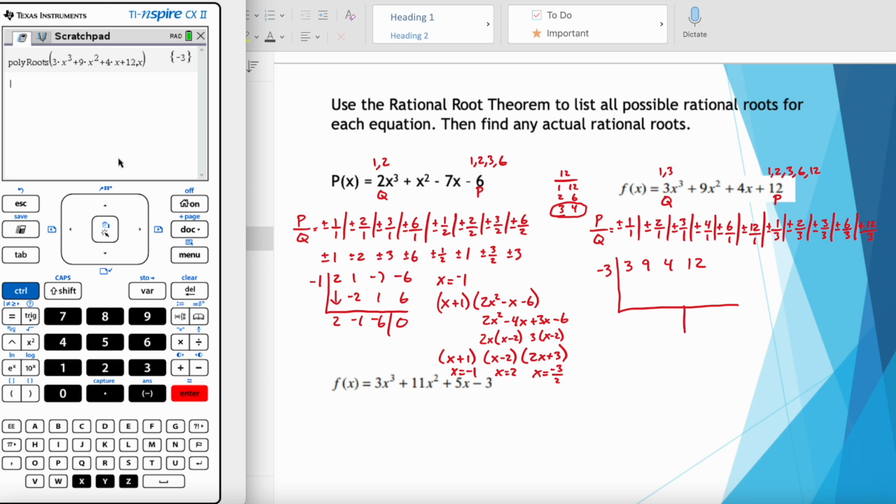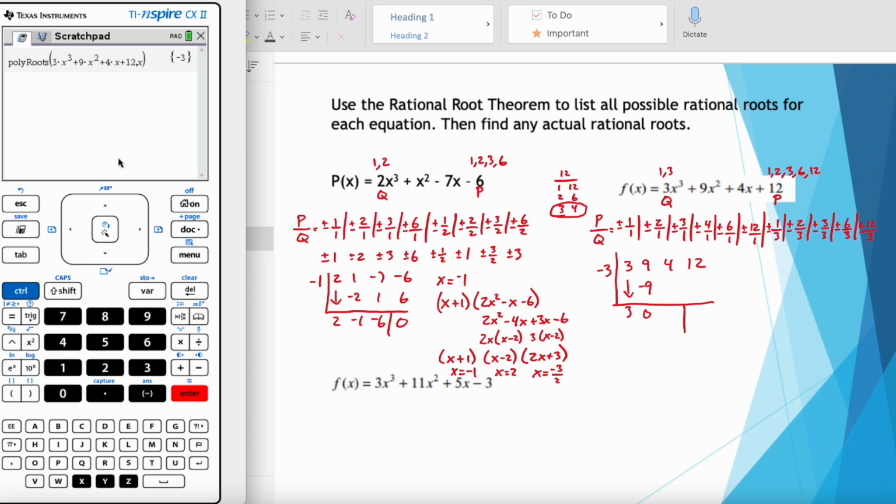Keep in mind, as we finish, the last number would be our remainder. Our 3 drops down. 3 times negative 3 is negative 9. That would be 0.